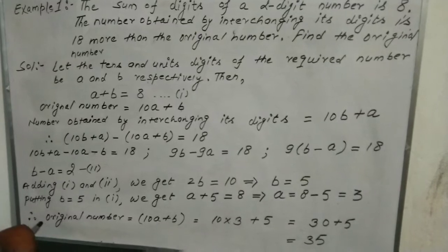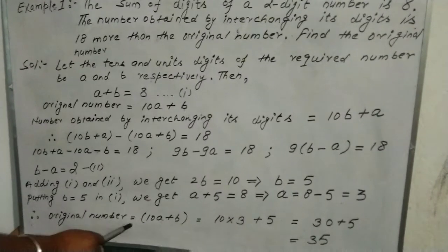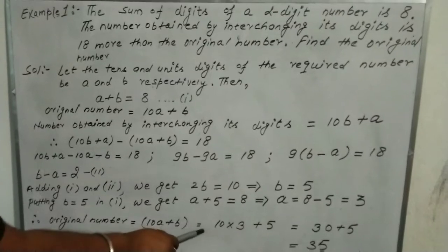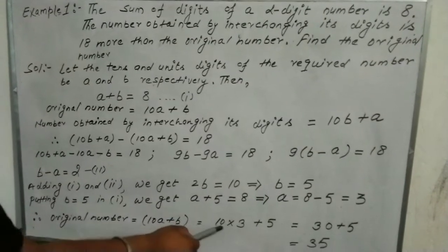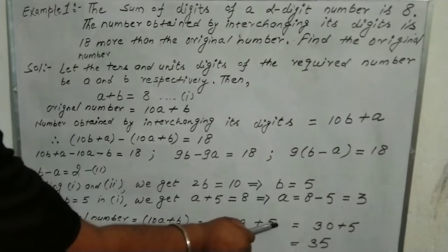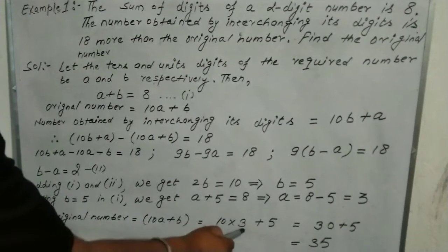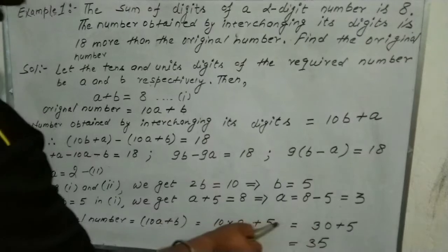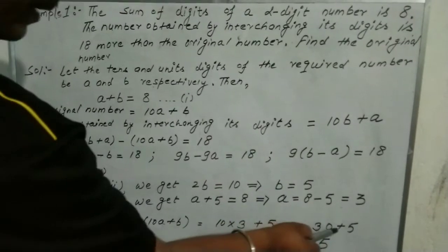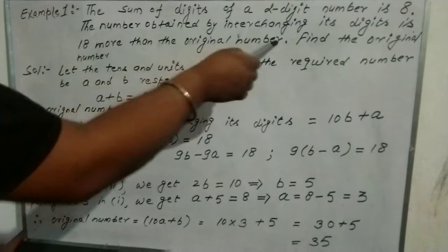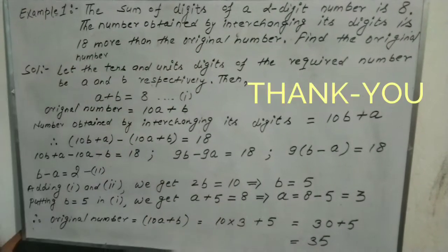Therefore the original number is equal to 10A plus B, and our A is 3 and our B is 5, so 10 into 3 plus 5. 10 into 3 is 30, plus 5, so 30 plus 5 is 35. Therefore the original number is 35.